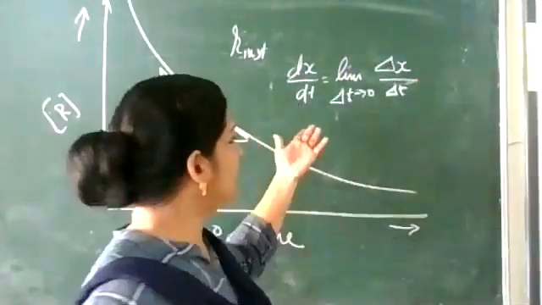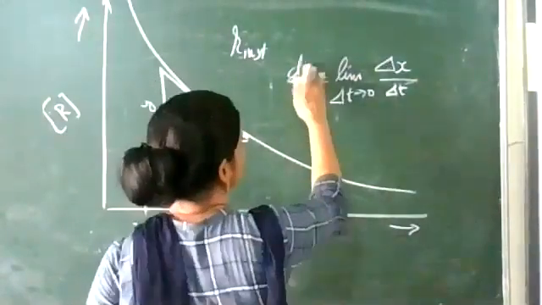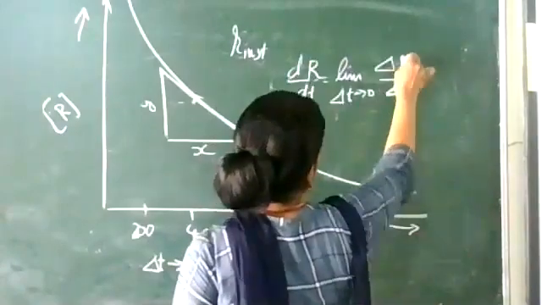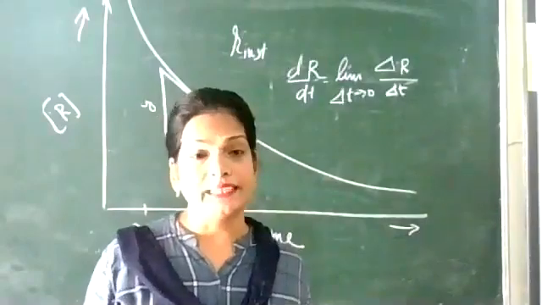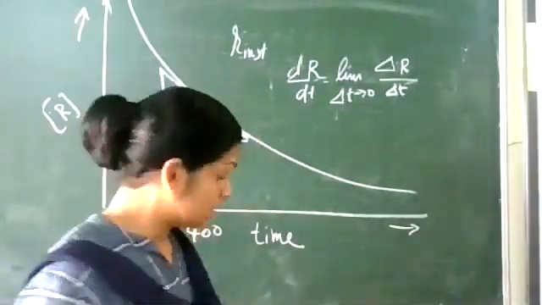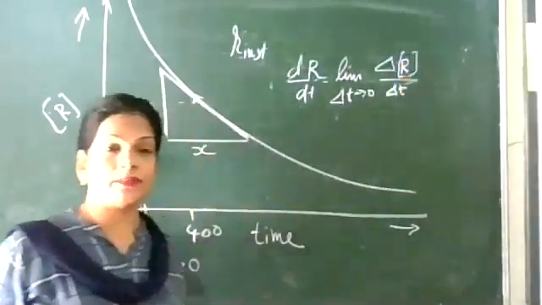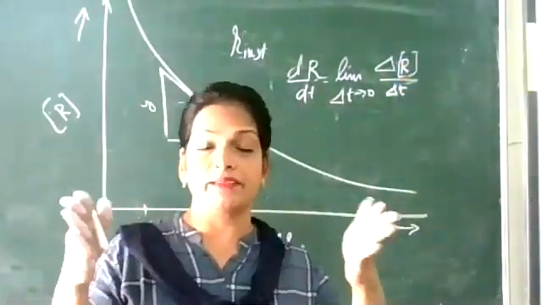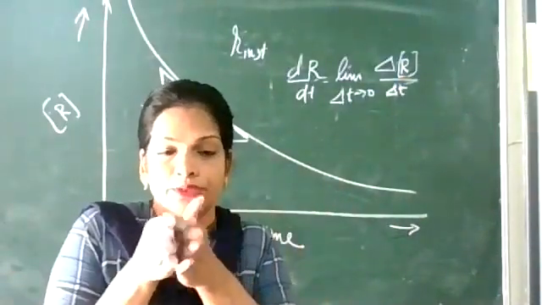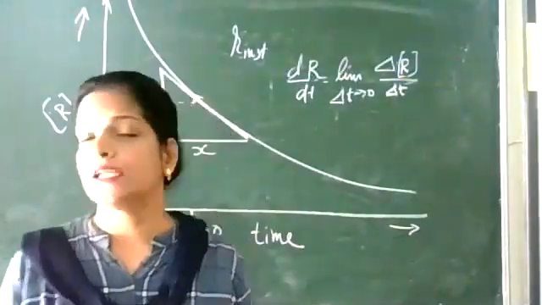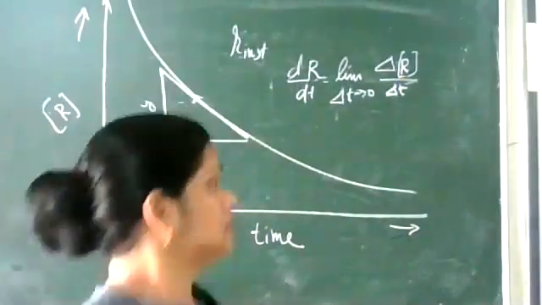Or dr by dt, the instantaneous dr by dt, is limit delta t tends to 0, delta r upon delta t. So this is the instantaneous rate. Average rate means between the gaps. Instantaneous rate means when delta t tends to 0.